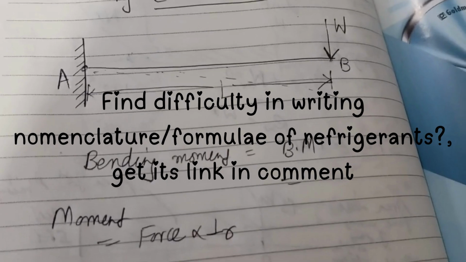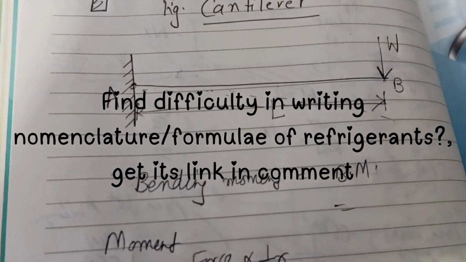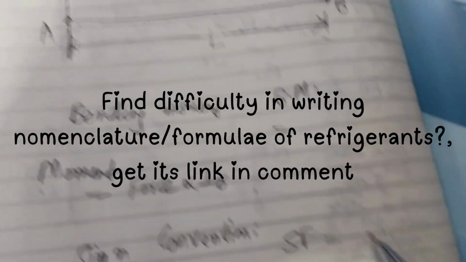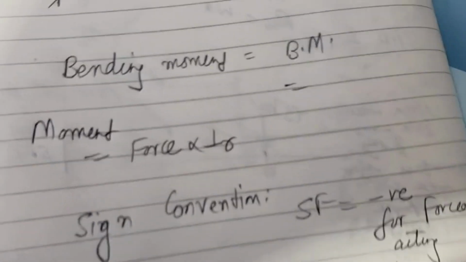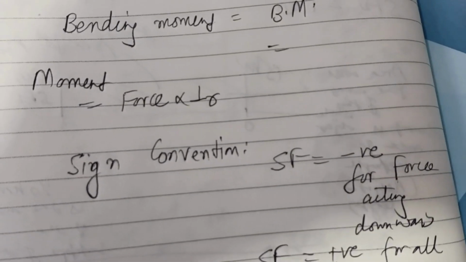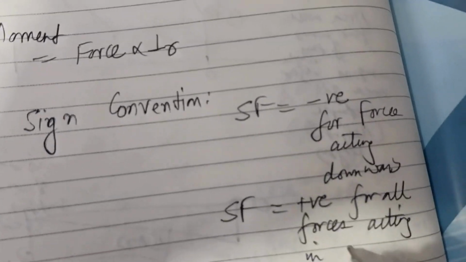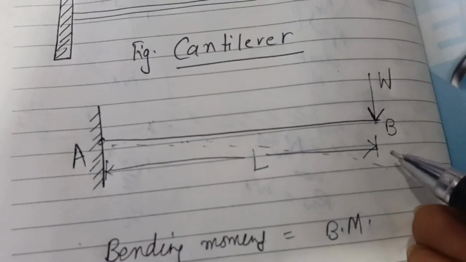If a force is acting in the downward direction, the shear force will be negative, and the shear force will be positive for all the forces acting in the upward direction. So here we can see this W is acting in the downward direction.